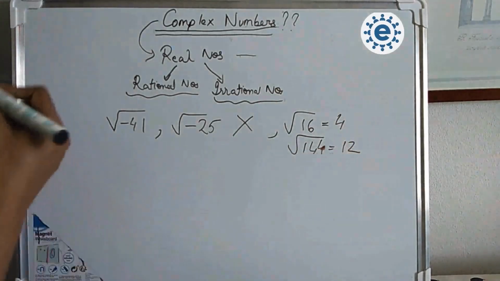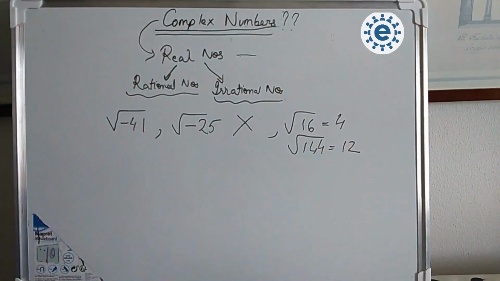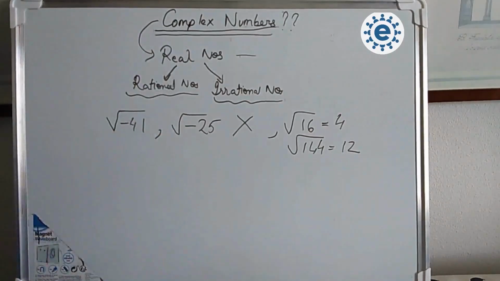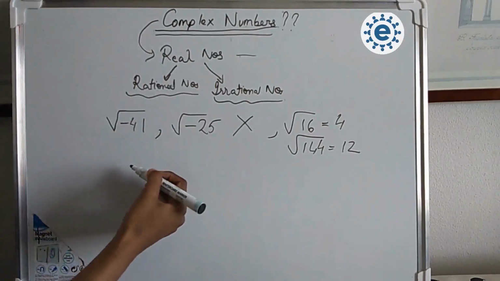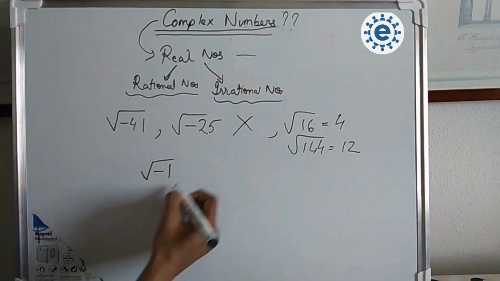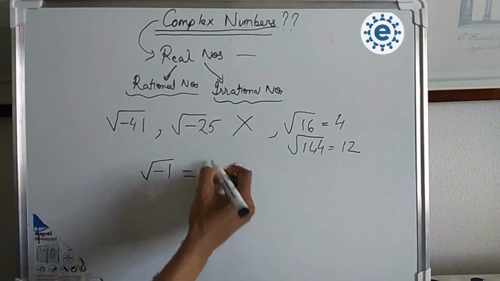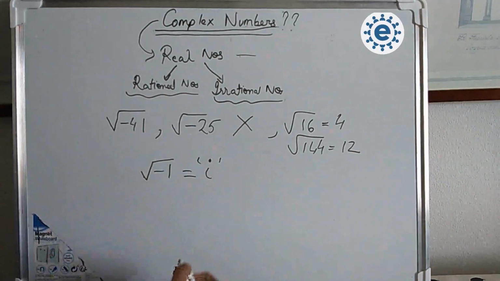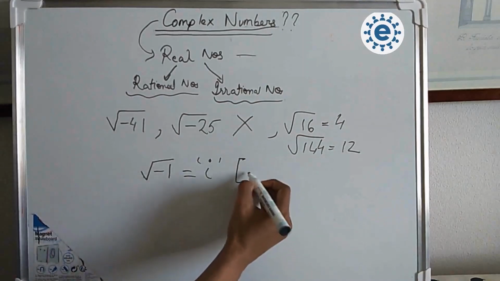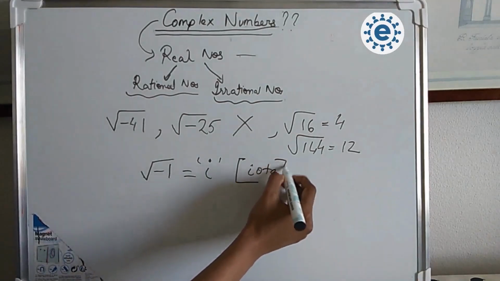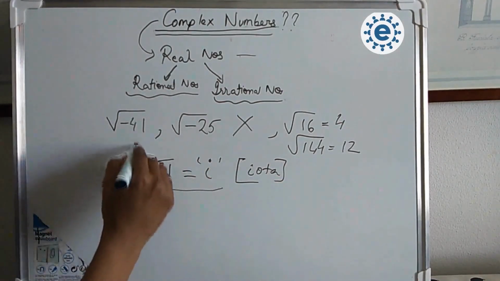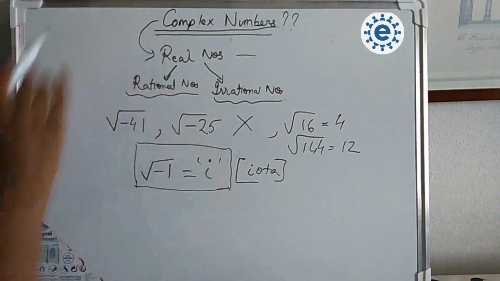Okay, so this chapter, complex numbers, basically starts from the definition of the square root of negative numbers. Complex numbers start from the definition of the square root of -1, defined by a non-real number or imaginary number I, whose complete name is iota, but we usually write it as I. This is the main thing you have to remember in this chapter.